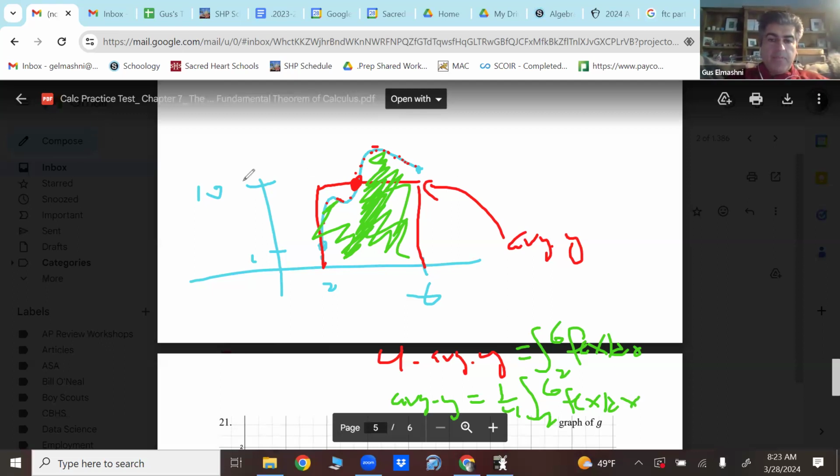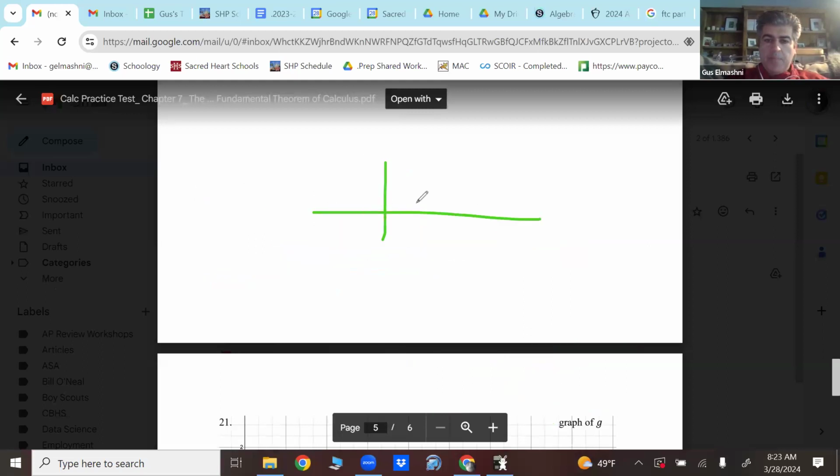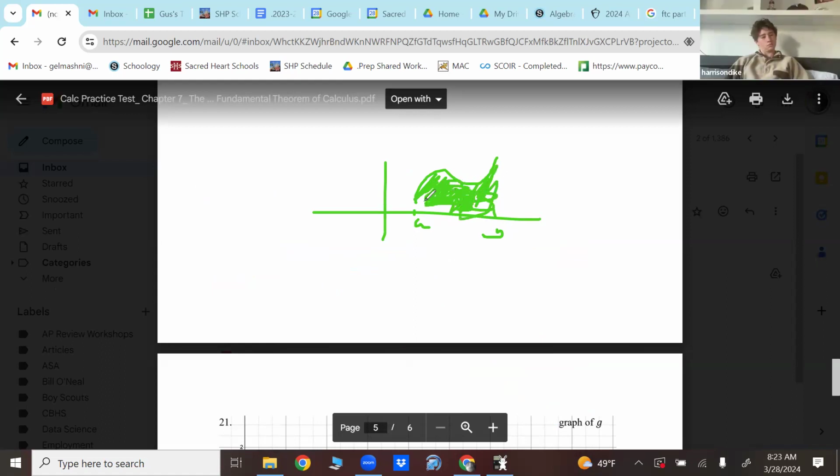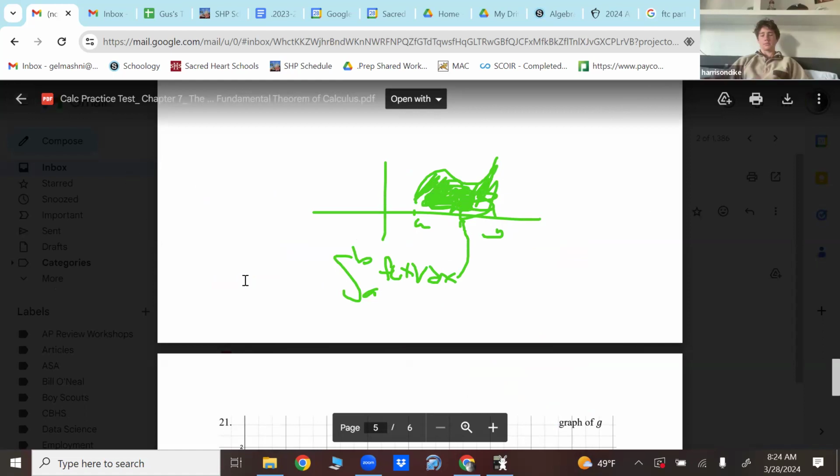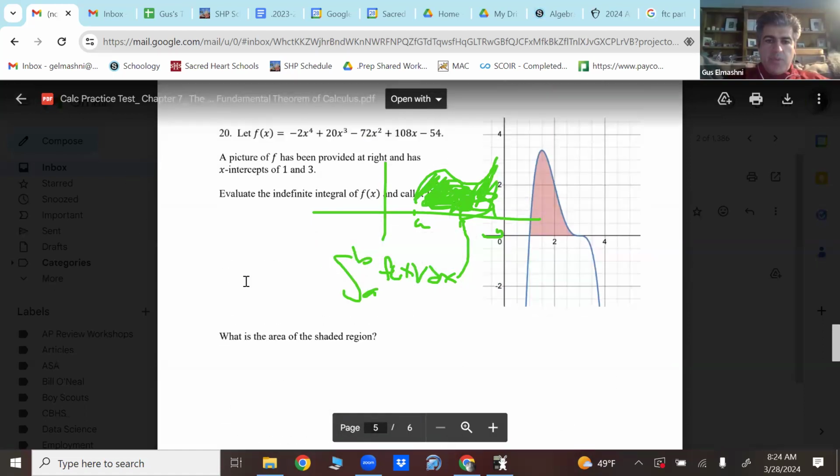So the area in green, for any equation for that matter, the integral from a to b equals that area. So that kind of tackles how to do 20.